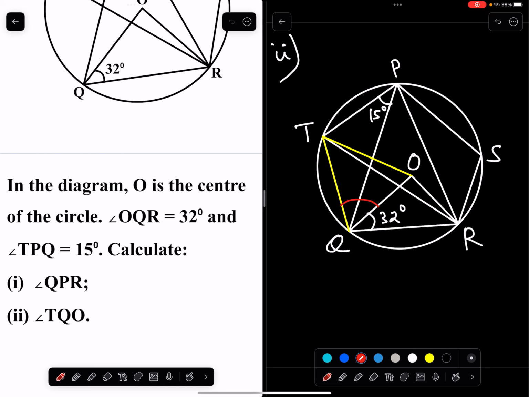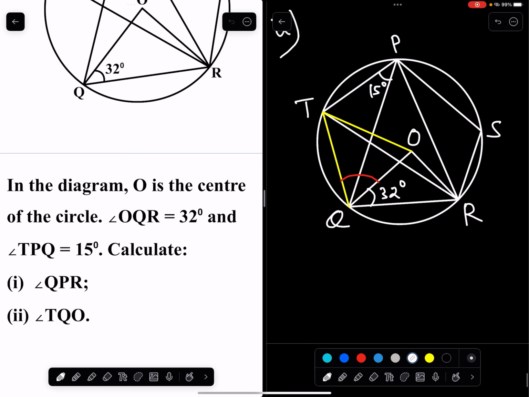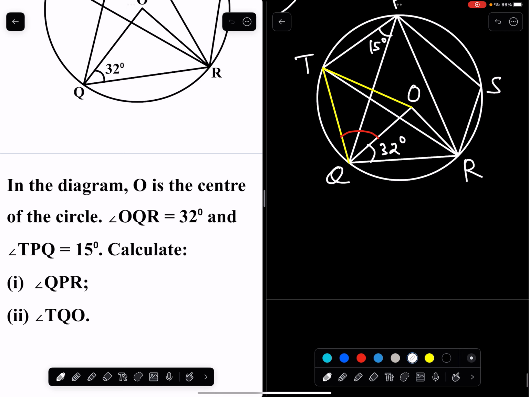Now, if angle TPQ is 15 degrees, then angle TOQ will be equal to 2 times 15 degrees, which is 30 degrees. The reason for that is angle at center is twice angle at circumference.